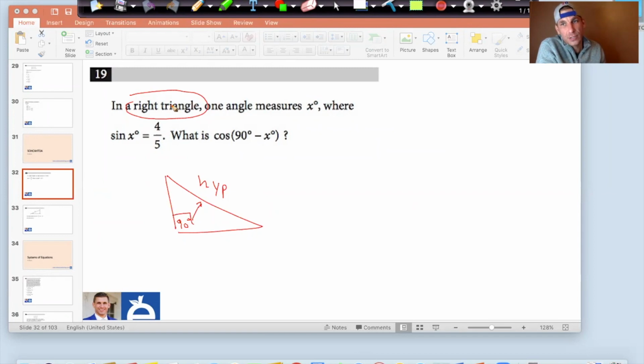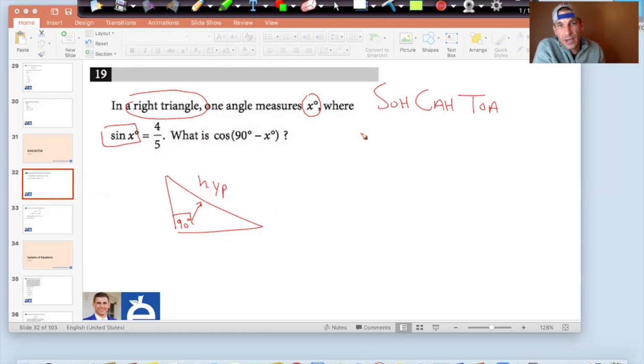Now, here's the trick. The reason I'm telling you these terms is because we're talking about SOHCAHTOA. The opposite side is going to be defined as the side opposite of the angle of reference.